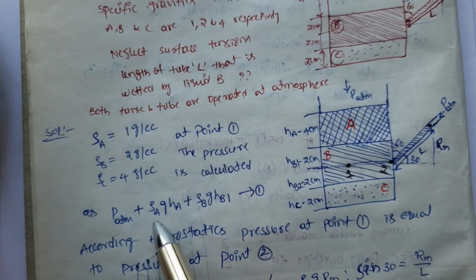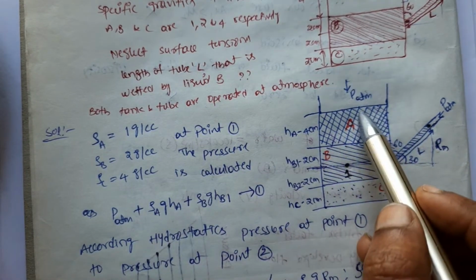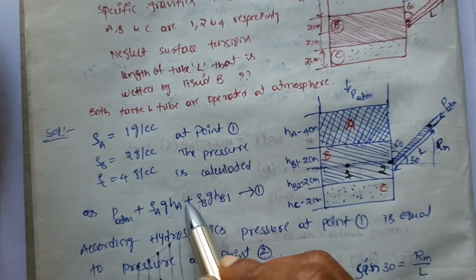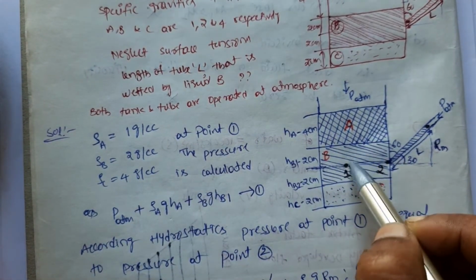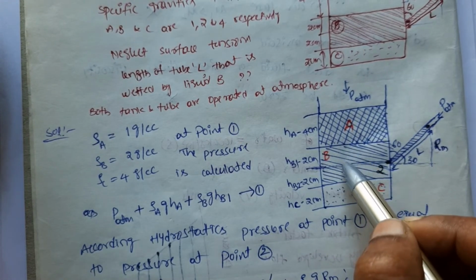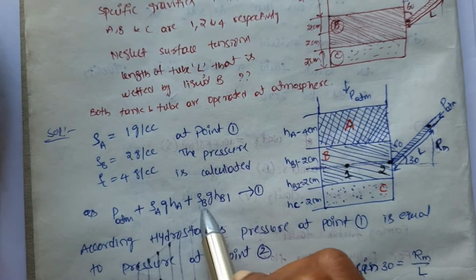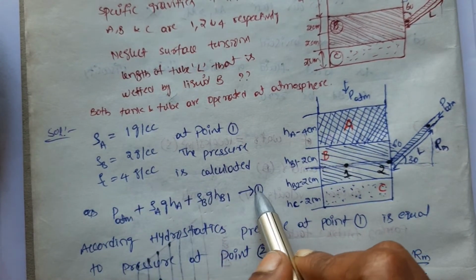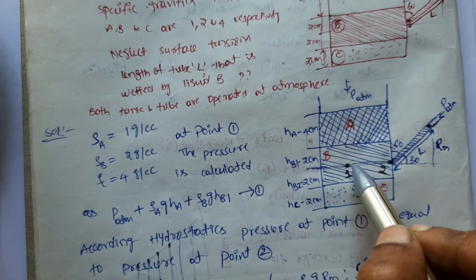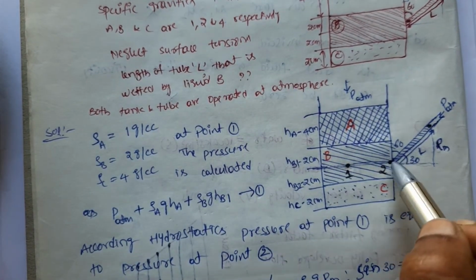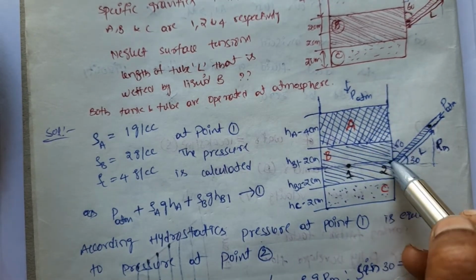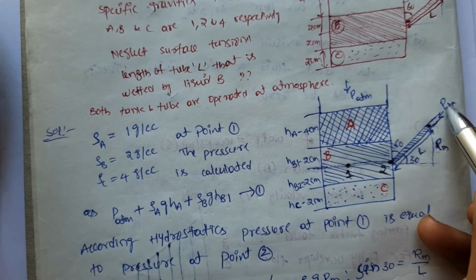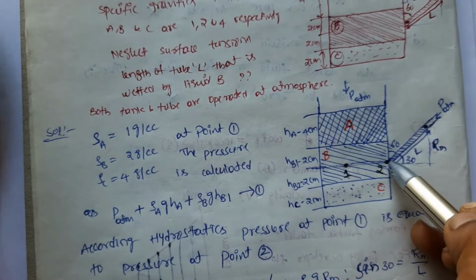Okay, rho g h formula. The pressure applied by this fluid is rho A g HA plus, for this portion of liquid B, rho B g HB1. Clear? So the total pressure at point 1 is equal to this, and the same pressure is acting here also. So I can equate this pressure at point 2, which is the same pressure acting in this direction, right?